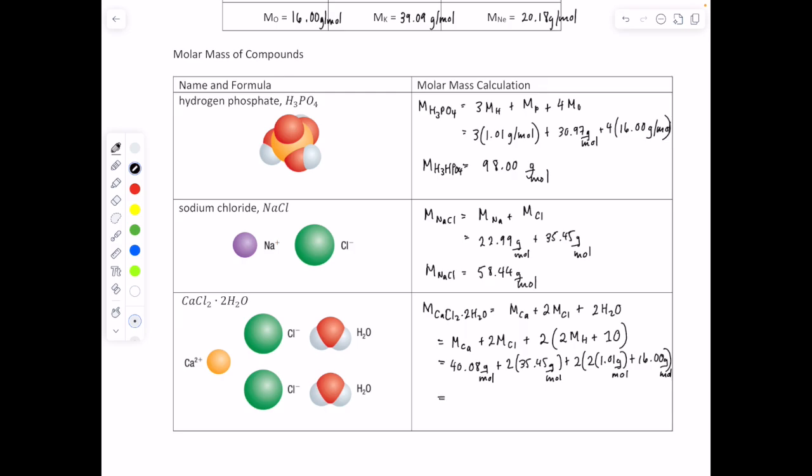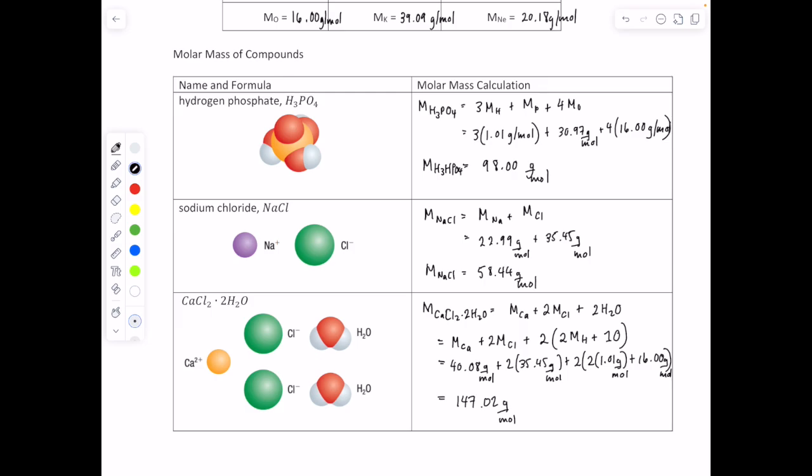If you punch this in, the molar mass of calcium chloride dihydrate is 147.02 grams per mole. So again, 1 mole of calcium chloride dihydrate would weigh 147.02 grams. Or we can say 6.02 times 10 to the power of 23 particles of calcium chloride dihydrate would weigh 147.02 grams.